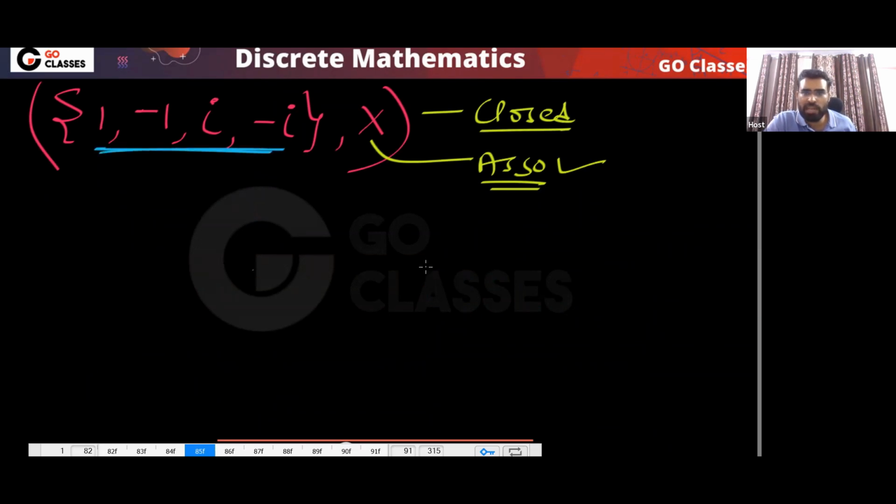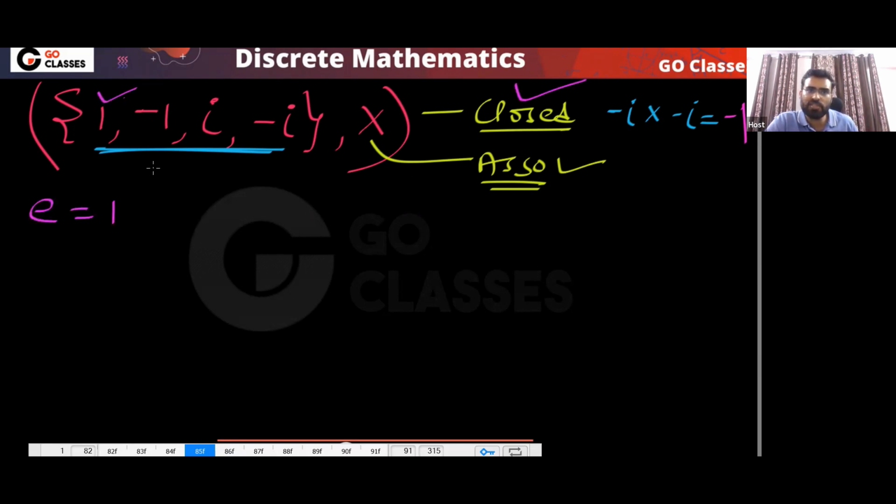For example, if I take these two elements, then the multiplication will be minus 1. Okay, so this is closed. This is associative. And what is the identity element?